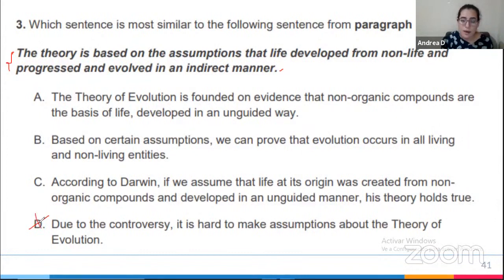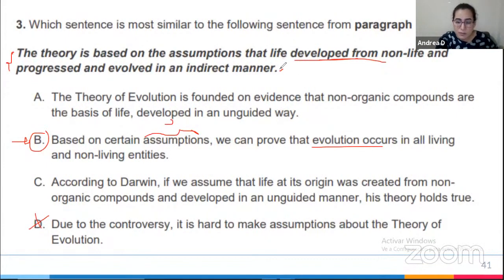Now, regarding option B. In this sentence, they're telling us that the theory is based on the assumption that life developed from non-life and progressed. So the theory is based on this assumption. Now, option B could be a bit tricky, but it's not telling us the same thing because it says based on certain assumptions. Okay, could be. They're not mentioning what assumptions exactly, but let's say it's okay. Now it goes, we can prove that evolution occurs in all living and non-living entities.